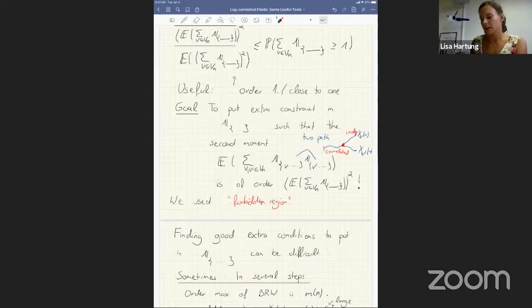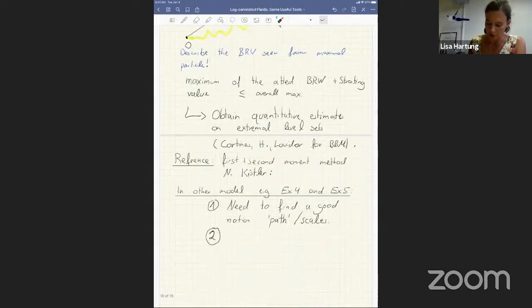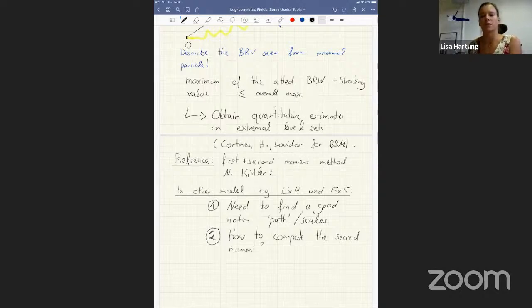So in other models, you have to actually think about how to compute the second moment. Even if it's just a second moment, it's not always completely clear what is the smartest way to do this.